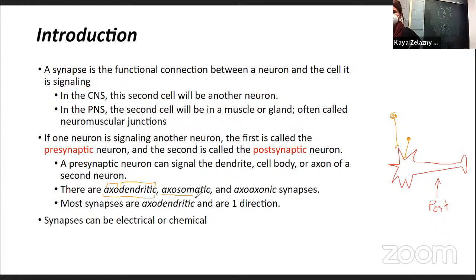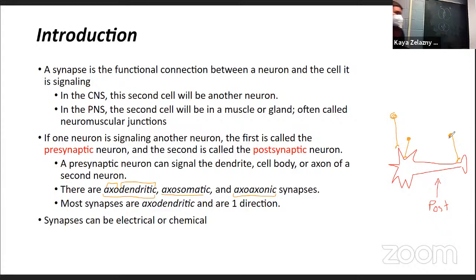And occasionally we're going to see axo-axonic synapses. These are usually going to be modulating responses, and we'll talk about what that means and how that works in a bit. But an axo-axonic connection would be like if we actually had our connection way down.